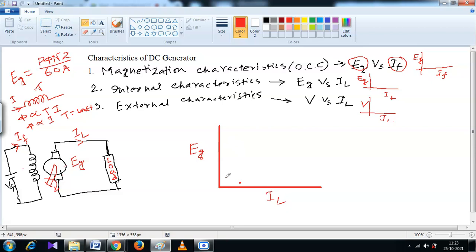And what is IL? Load current. And it actually looks like this: when the load is increasing, the induced EMF voltage is slowly decaying.